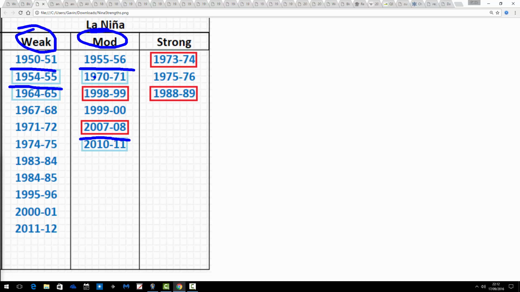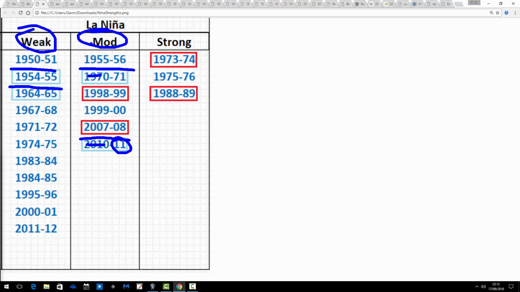December 1970 was cold, less so for January and February 1971, and of course we know December 2010 was the December to remember, and then it turned milder in January and February 2011. So interestingly, although 2010 was much, much more severe than 1970, they both have cold Decembers, those two moderate El Nino to La Nina winters.